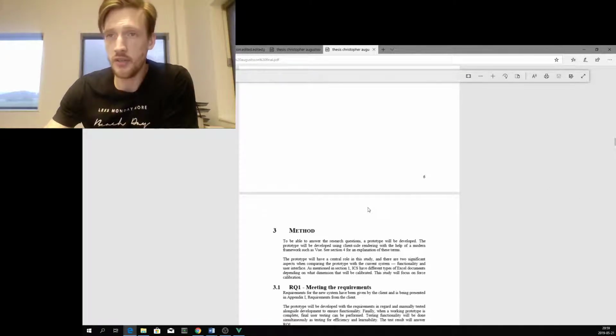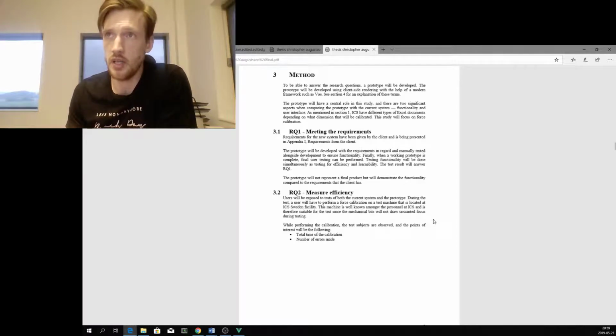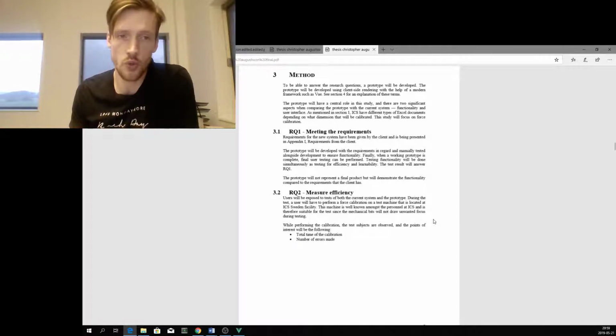And to answer these questions, a prototype has been developed, and it has been done so by using Vue, a modern day framework, and it has been developed as a single page application. More about that in section 4.